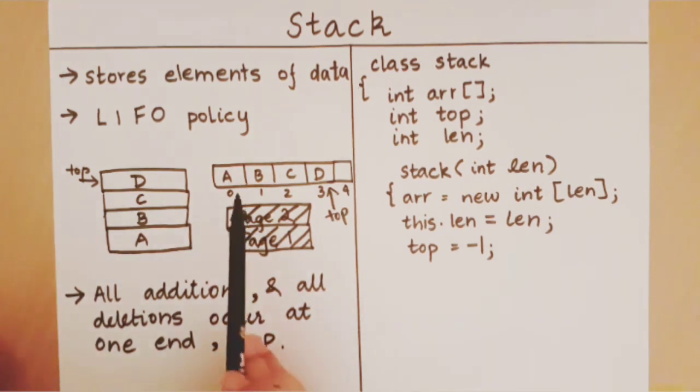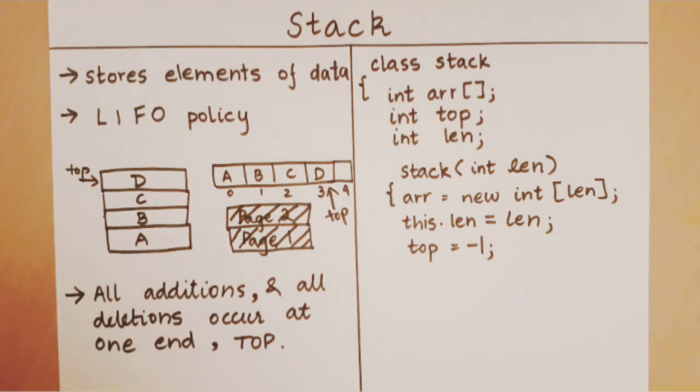Whenever we add an element to the stack, we are going to increment the top, so that the top will point to that index which was last filled by the stack. When I enter the first element in the stack, I am going to increment top. When I increment top by 1, top will become 0. Therefore, the first element which is at index 0 will be the last element which was filled into the stack.